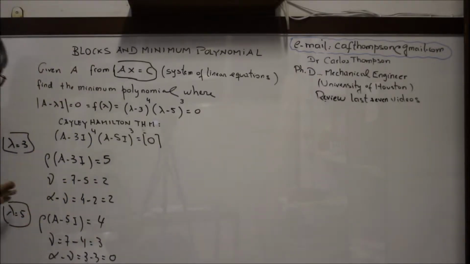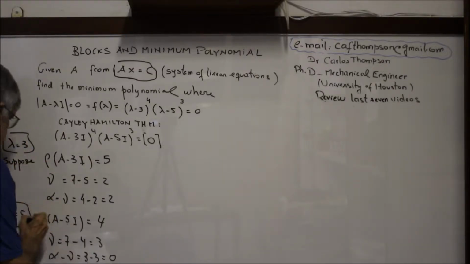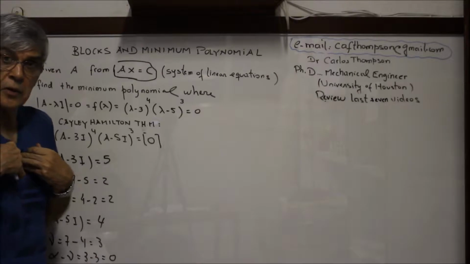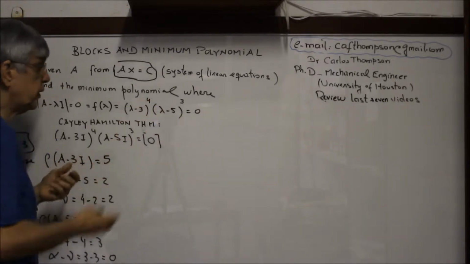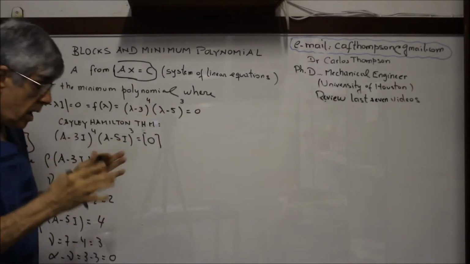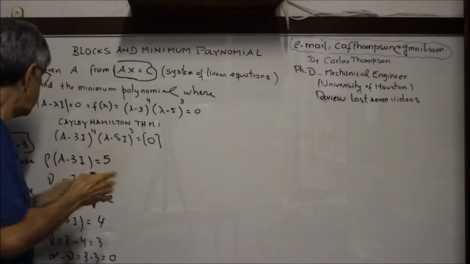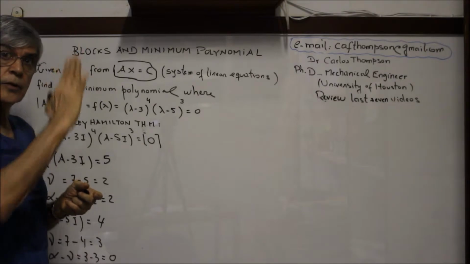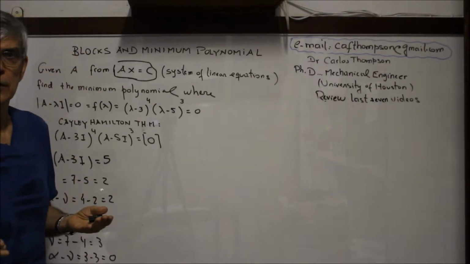Now, let's suppose I have my matrix A. I know the eigenvalues. I subtract A minus 3I, and then I count the number of pivots.